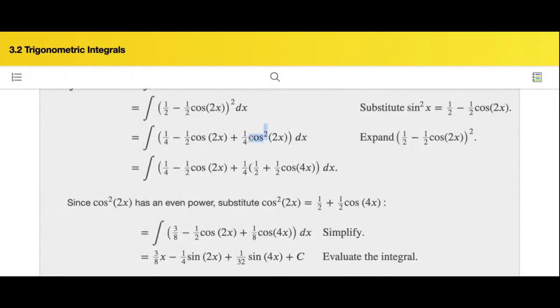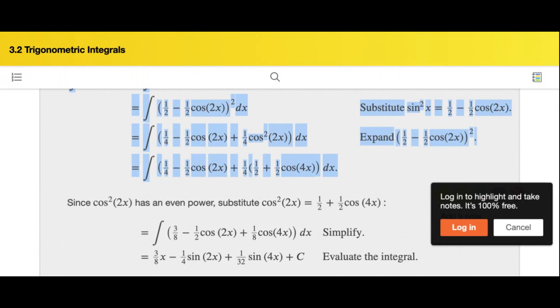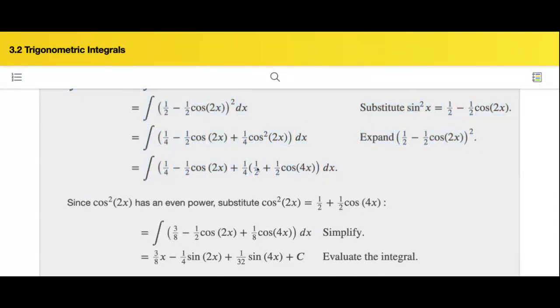Then you see this cos squared 2x, we have to apply the formula one more time, right? So cos squared 2x, we write as half plus half cosine 2 times 2x, which is cosine 4x. That's here.